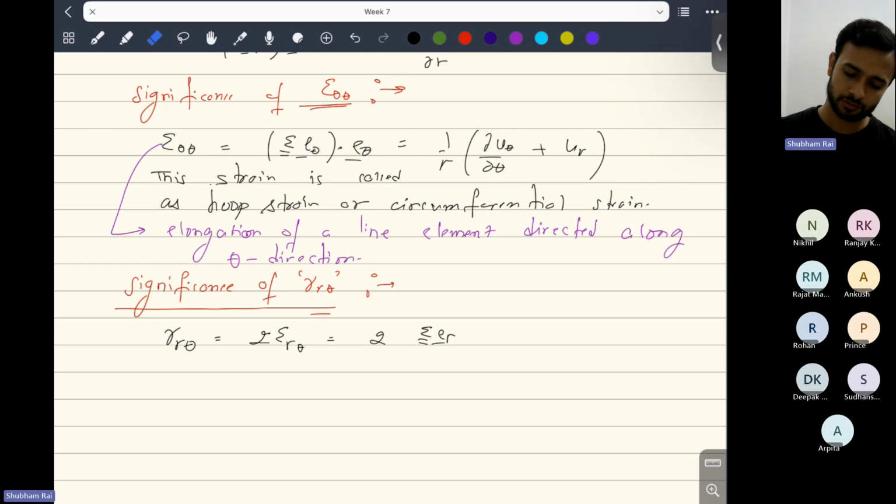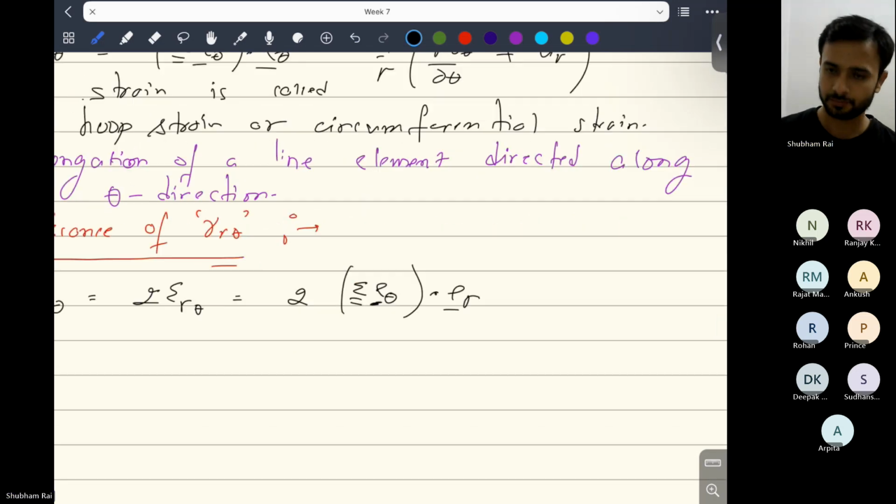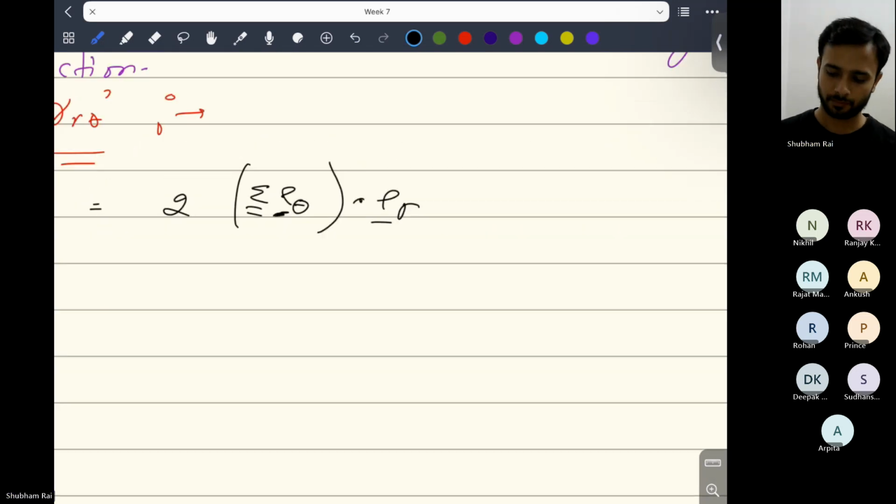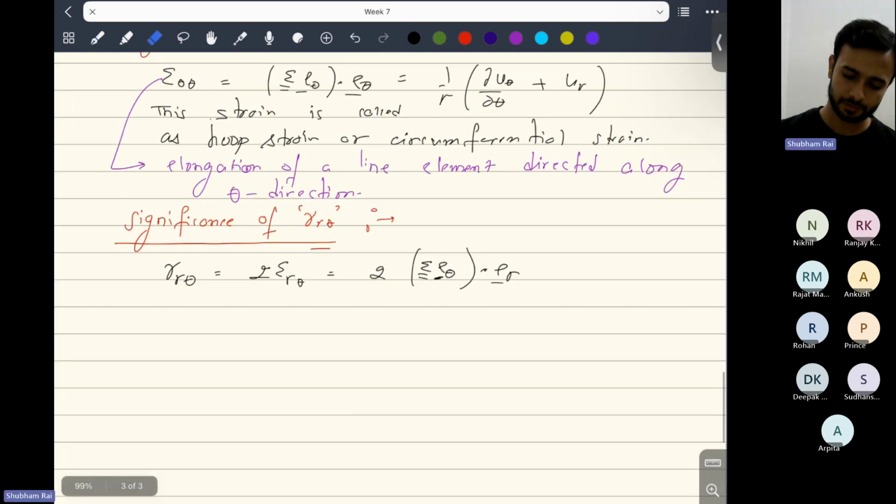Mostly you would like to find out traction on the theta plane. So we have epsilon theta, and in direction e r. This will be your this.